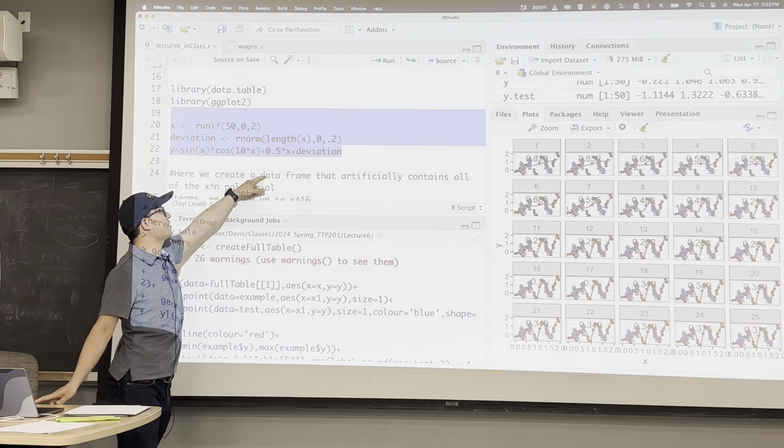Okay, split the data set. So randomly divide the data set into K equally sized parts.